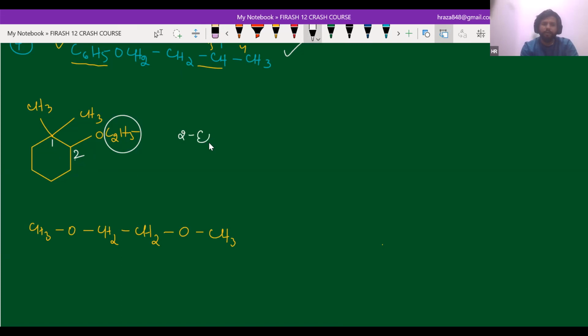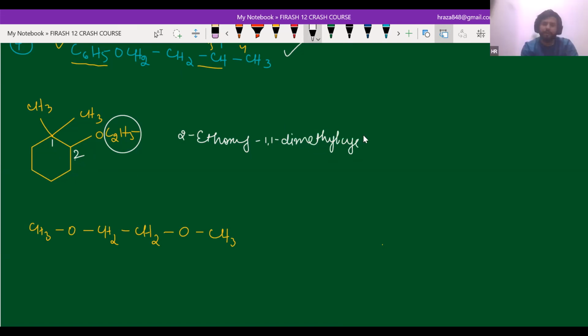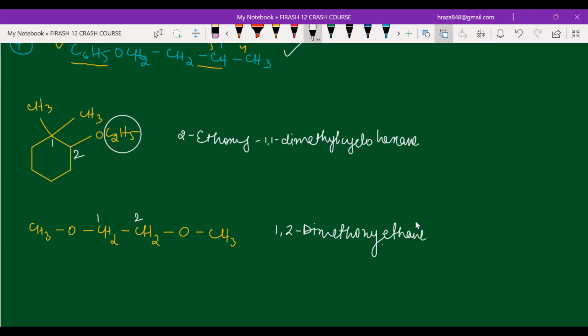So it will be 2-ethoxy, and after that 1,1-dimethyl cyclohexane. Very good. Now if you are going to do this, 1,2-dimethoxyethane, right? So this is basically your nomenclature part.